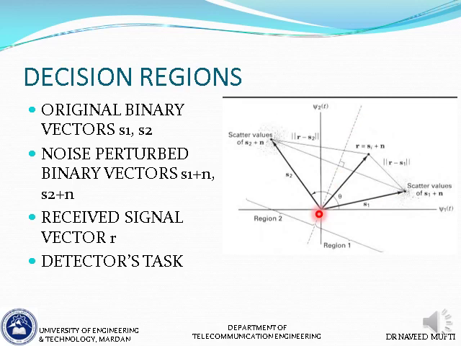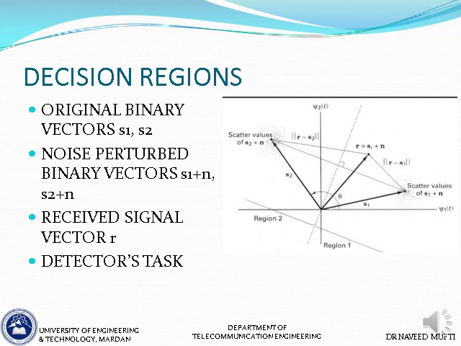In this example, the constructed perpendicular bisector represents the locus of the points which are at the same distance from S1 and S2. Hence this bisector describes the boundary between decision region 1, here, and decision region 2.